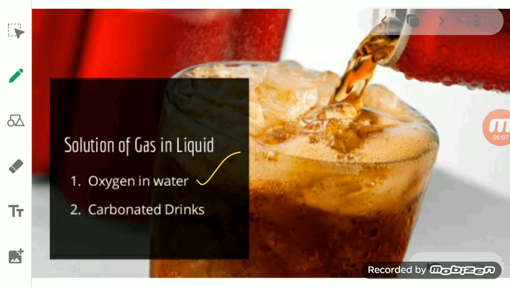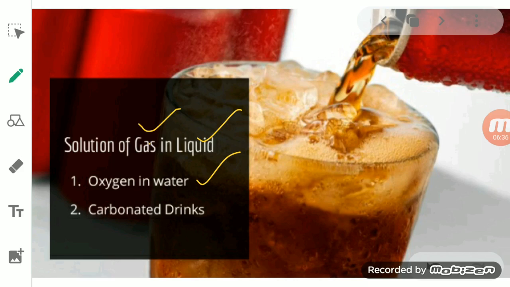So basically they respire due to the presence of oxygen which is present in the water itself. What does that indicate? That oxygen can dissolve in water. Oxygen is the gas and water is a liquid, so this gas acts as a solute which is present in the solvent, that is a liquid.